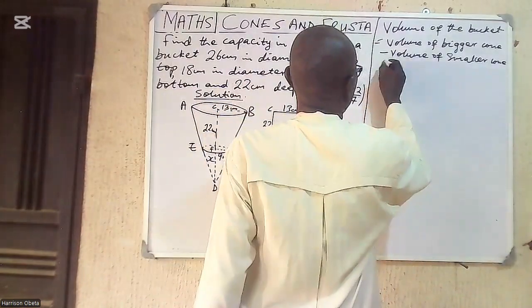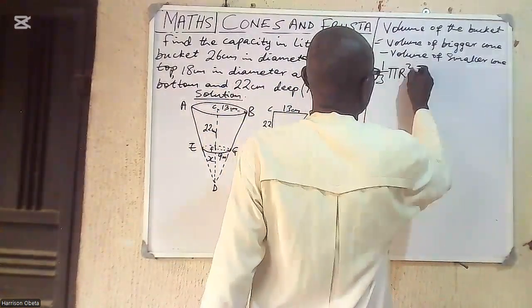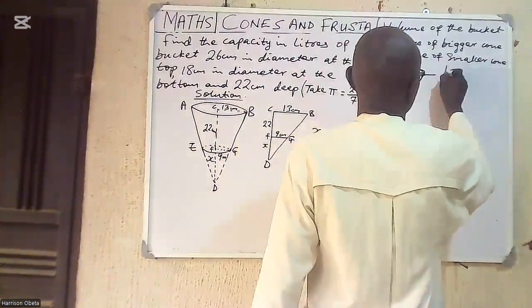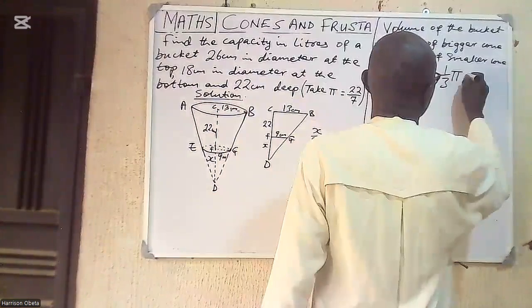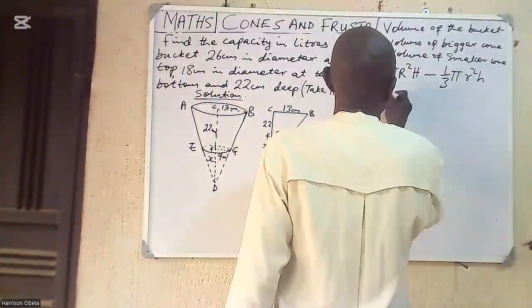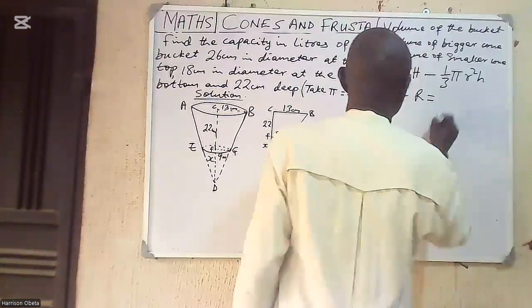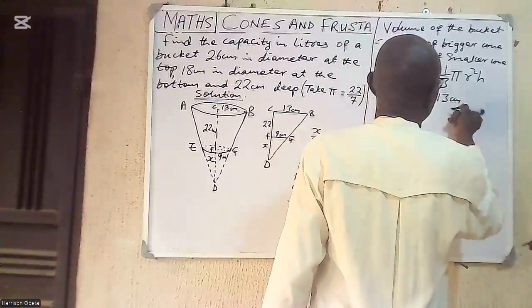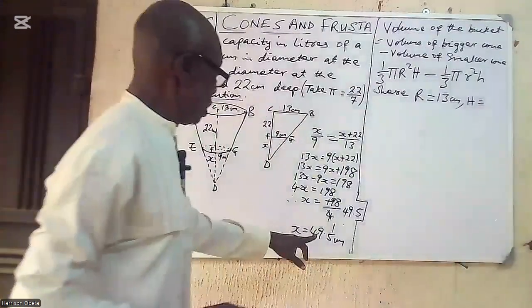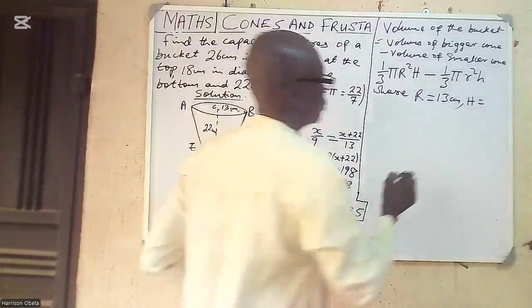That is 1/3 pi capital R squared capital H minus 1/3 pi small r squared small h, where capital R is equal to 13, capital H is equal to 49.5 plus 22.